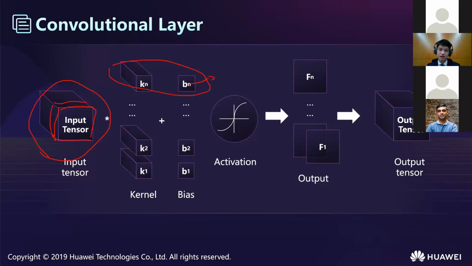That is a scalar, only a single value, and we will add the value into the output. Okay, and then we will input the output into an activation function, just like the ReLU, and then we will get the final output. That is the convolutional layer, just like this.